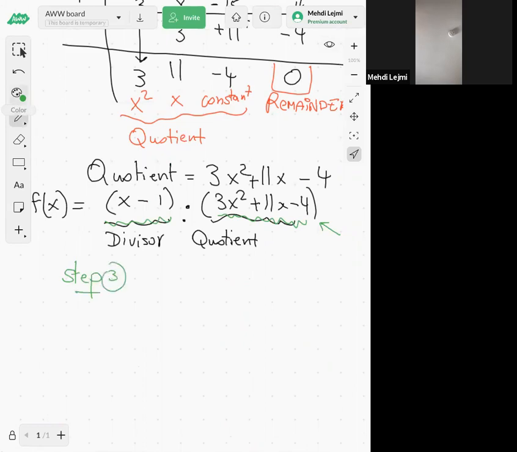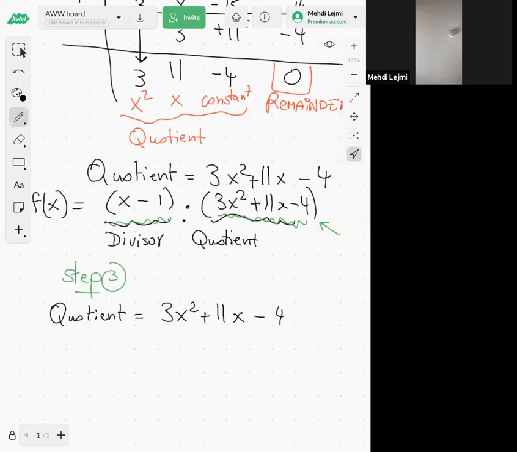Well, here the quotient is a quadratic function, right? So my quotient is 3x squared plus 11x minus 4 as a quadratic function. So I want to factor this.